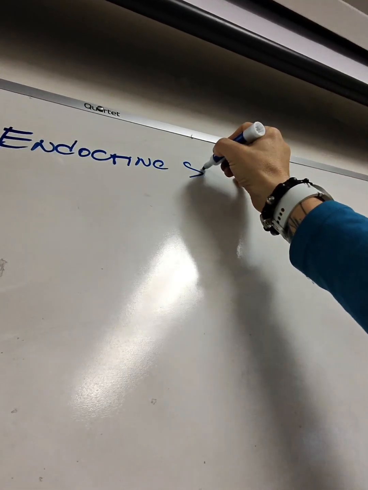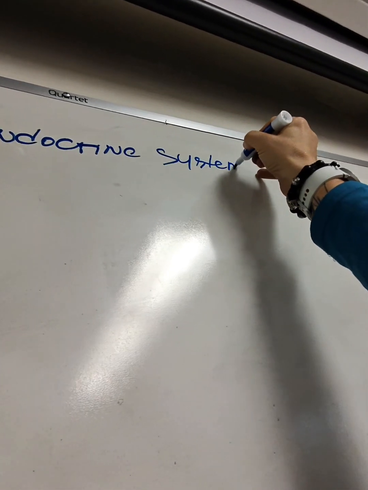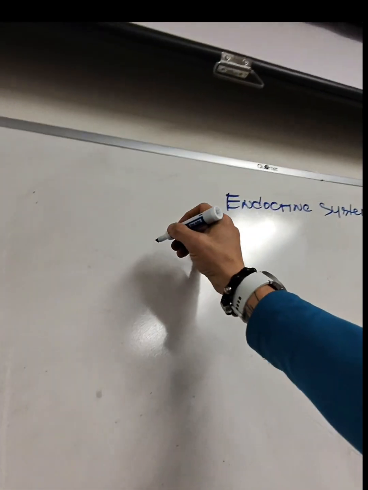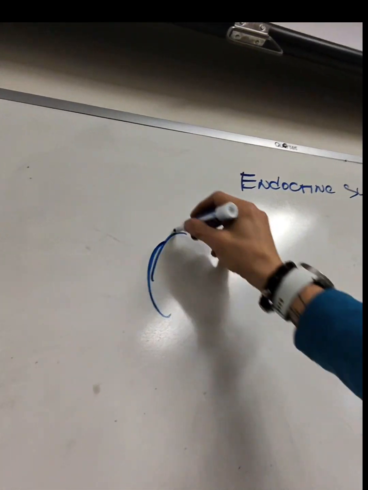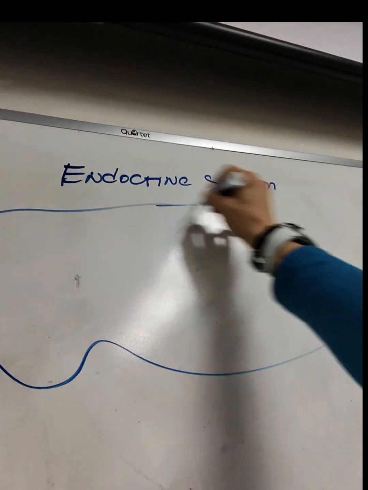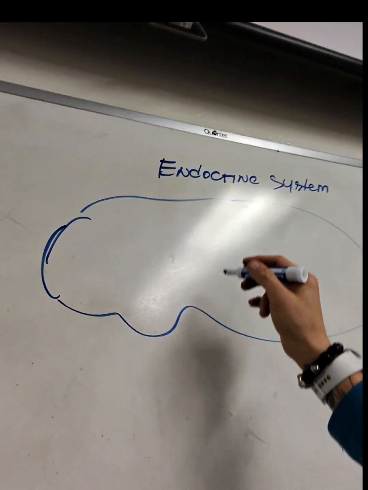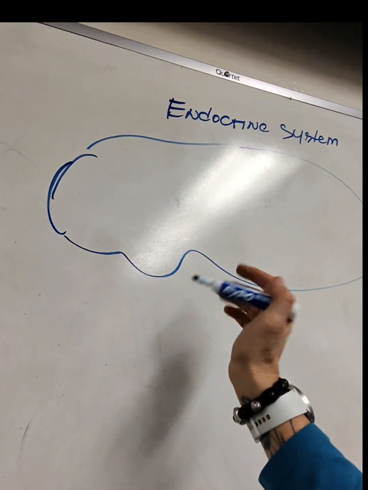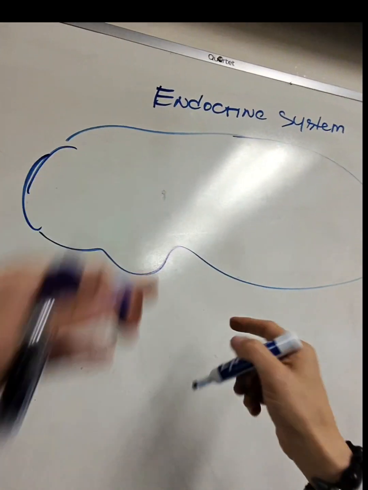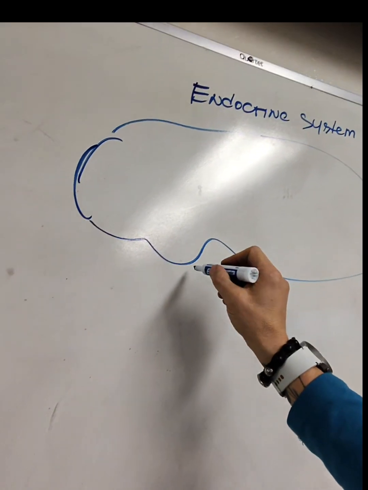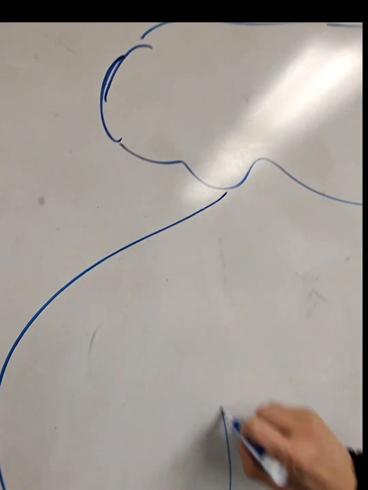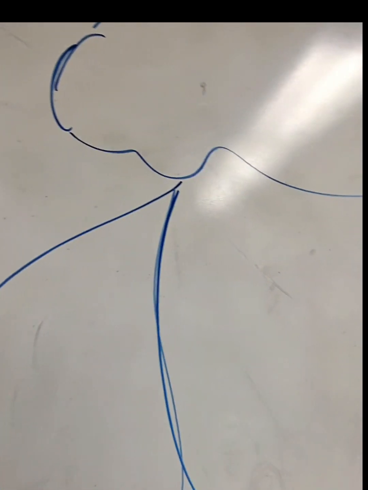Endocrine system. So we have a hypothalamus, right? So that's in the brain, right? That's the hypothalamus. So then within the hypothalamus, there is connected directly a pituitary gland.